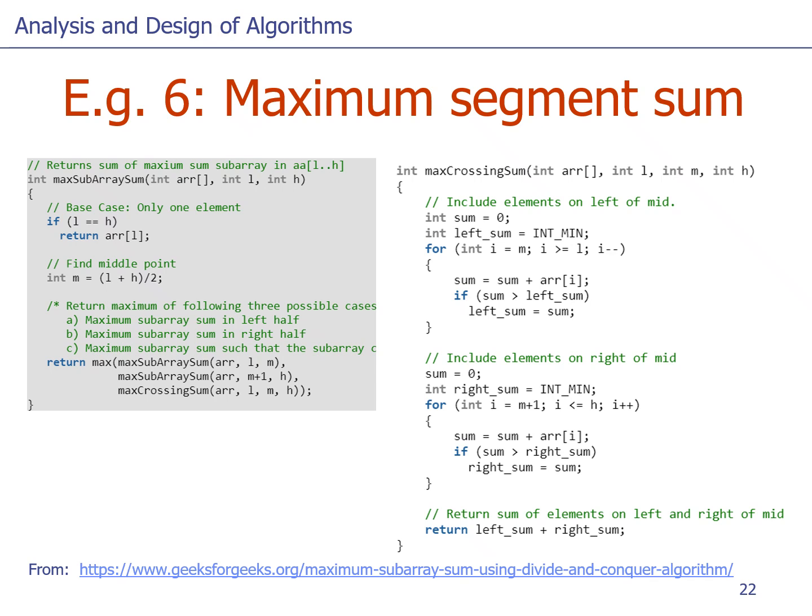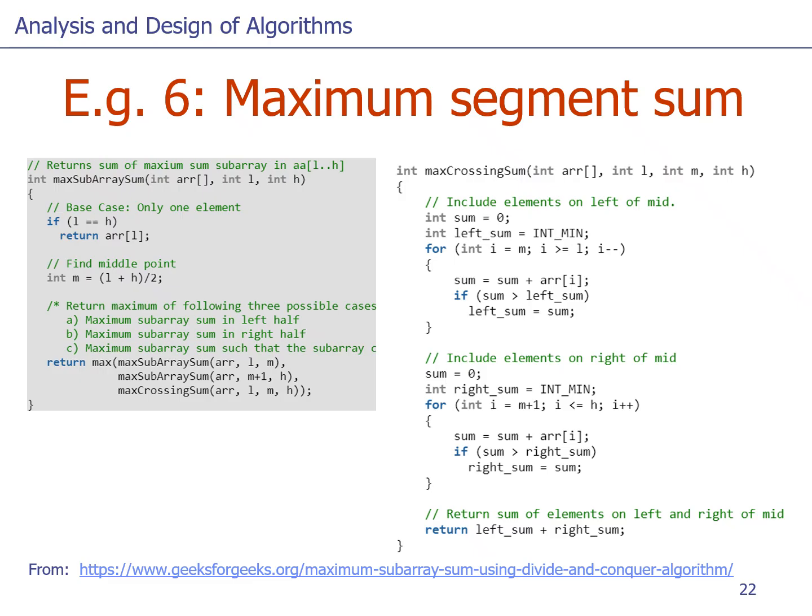But what I'm going to give you as a summary is that when it says include elements on the left of the mid, this for loop that appears in the fourth line, for int i equals mid, i greater than or equal to low, i minus minus, I start from the midpoint and I go all the way till i equals low. So I'm moving towards the left. And as you see here, I'm accumulating the values of the array in the sum local variable.